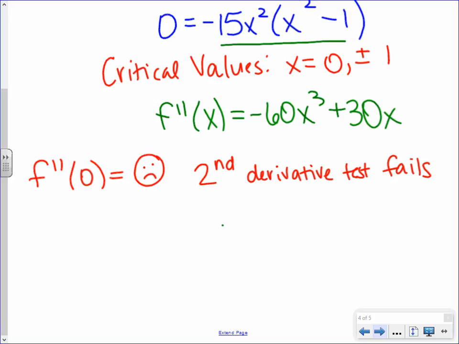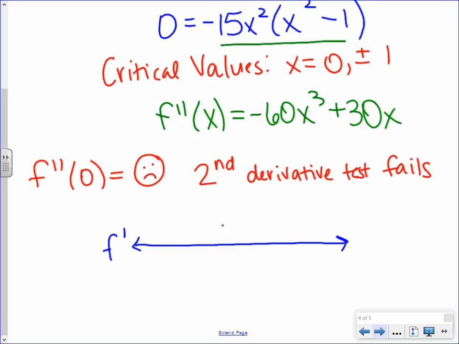Okay? So, really, since my first value failed, we could plug in 1 and negative 1 into the second derivative, but we're going to have to fall back on the first derivative test, so we may as well just make our number line now.